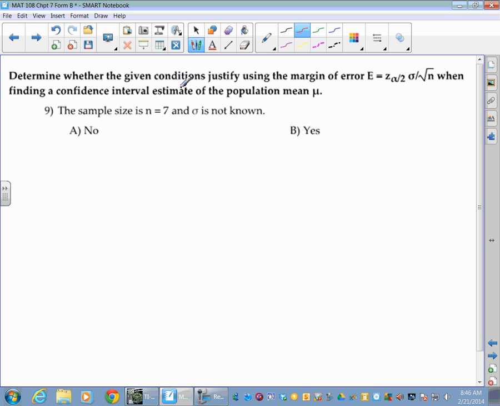Determine whether the given conditions justify using this equation. Sample size is n equals 7. Well, we said it has to be n bigger than 30 or a normal distribution. And we also said that standard deviation had to be known.